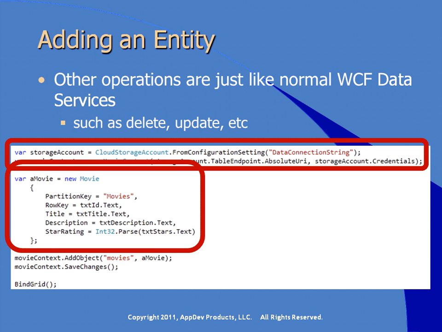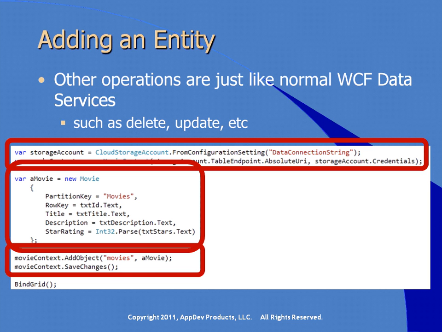The next thing to do is create an instance of the actual class, in this case the movie class, filling in the properties with the data that you want to add to the table. Then when you're done with all that, you simply call the add object method on the context to add the movie object to the context. And then to save the changes to the table, you simply call the save changes method on the context, and this takes the data that you just added and saves that to the table in your Windows Azure storage.